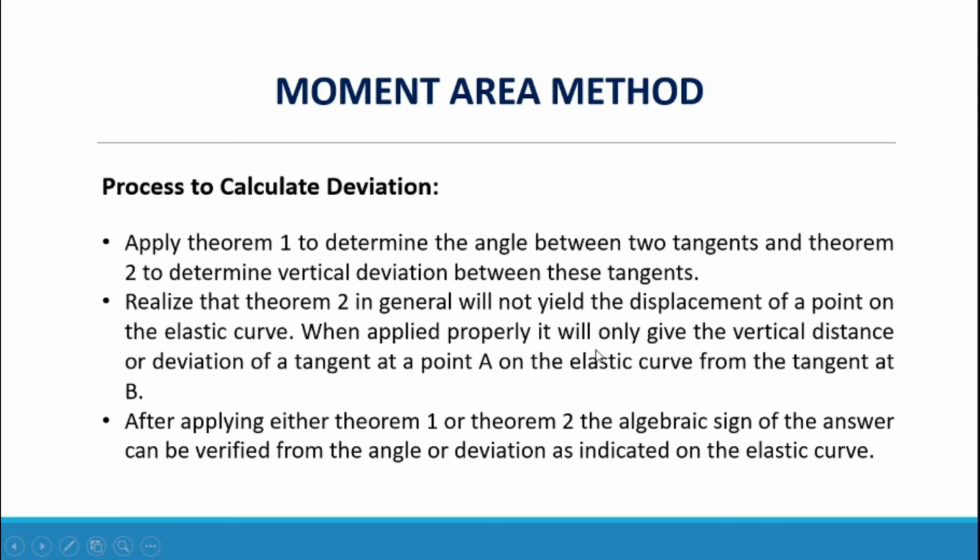When applied properly, it will only give the vertical distance or deviation of a tangent at a point A on the elastic curve from the tangent at B. Then, after applying either Theorem 1 or Theorem 2, the algebraic sign of the answer can be verified from the angle or deviation as indicated on the elastic curve. So these are the process to find the value for deviation.